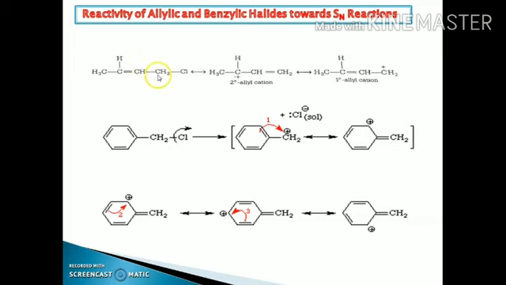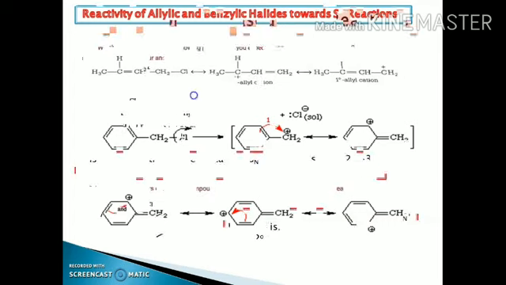In the case of allyl halides, 2 resonating structures are formed, and in the case of benzyl halides, 4 resonating structures are formed, and due to these resonating structures, the carbocation formed gets stabilized and gives faster SN1 reactions.